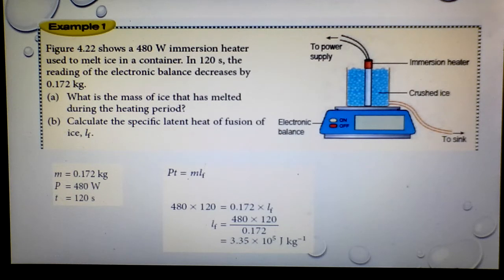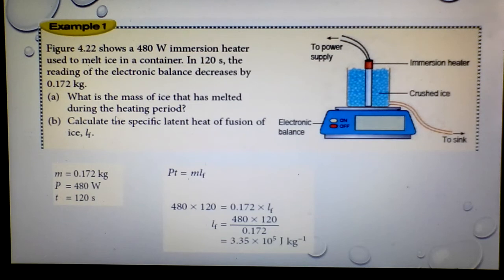Okay, list out all the information. Mass of the ice that melts to become liquid, so it's 0.172 kilogram. P equals 480 watt, t equals 120 seconds.